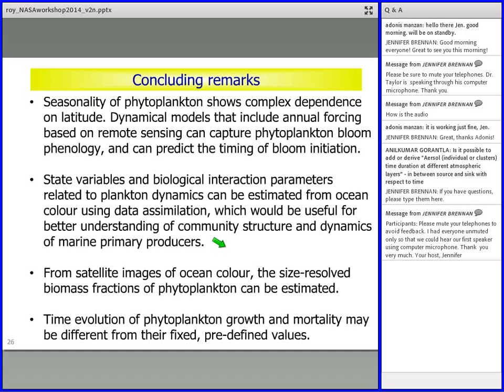And we saw that state and biological parameters of phytoplankton dynamics can be estimated from ocean color using data assimilation, and also the size-resolved biomass fractions can be estimated from ocean color. And we have seen that if we estimate the biological parameters as a function of time, then the time evolution of the growth and mortality rate may be very different from the predefined values, at least on a regional scale.